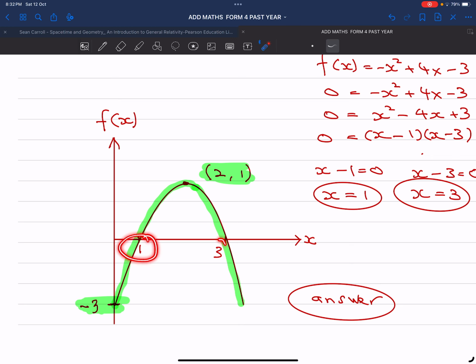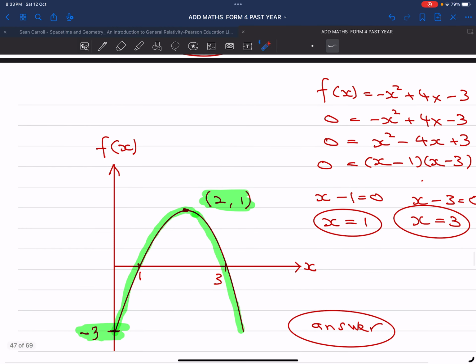Over here, we take the quadratic function in the original form, and we know that on the x-axis, the f(x) must be 0.